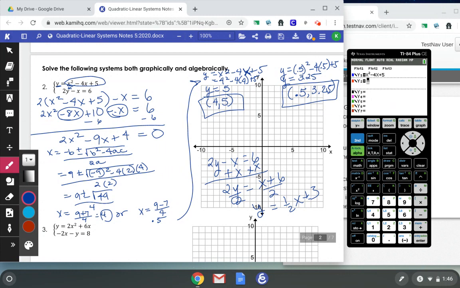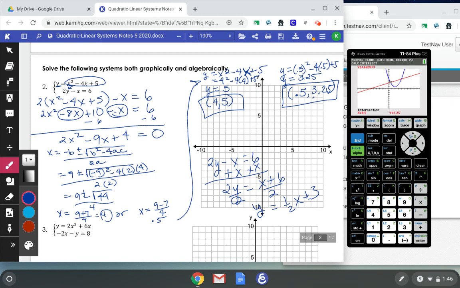So if I put that into my calculator, 1/2 x plus 3, I can graph it. And then remember, you can hit second, trace, scroll down to intersect. I'm on the first curve, second curve, enter, and I get that point, 0.5, 3.25.